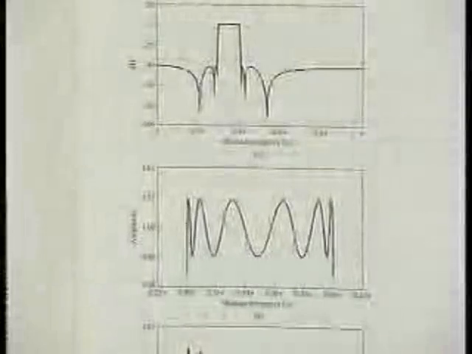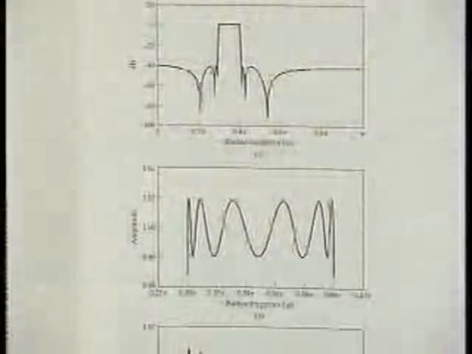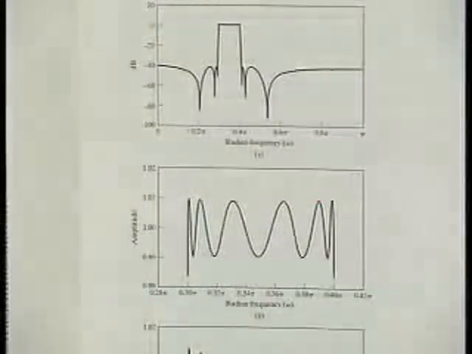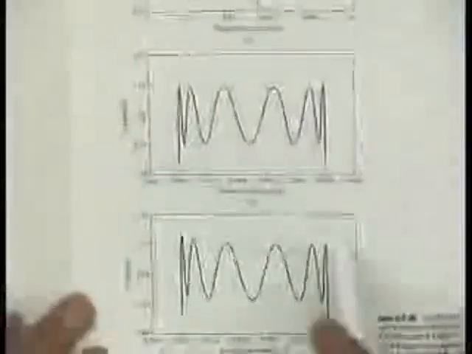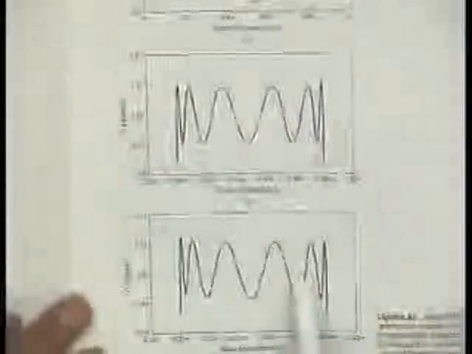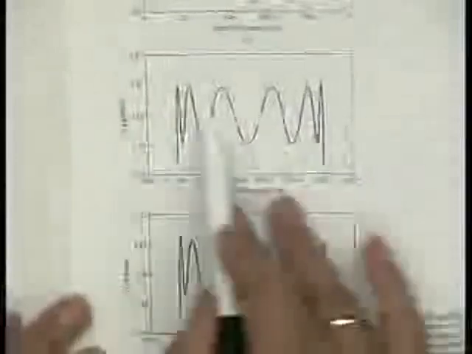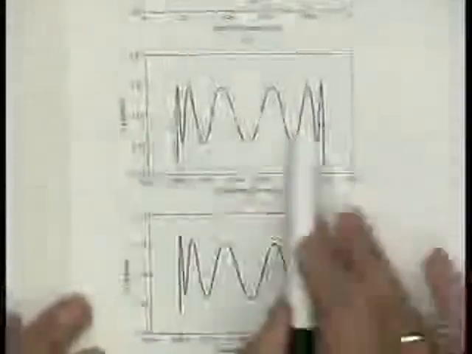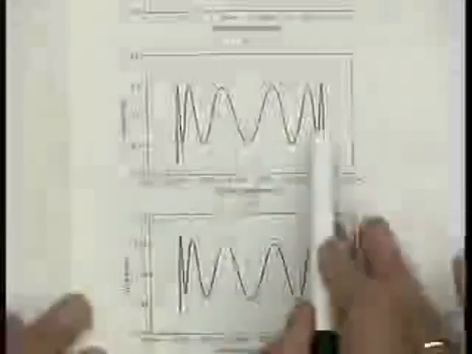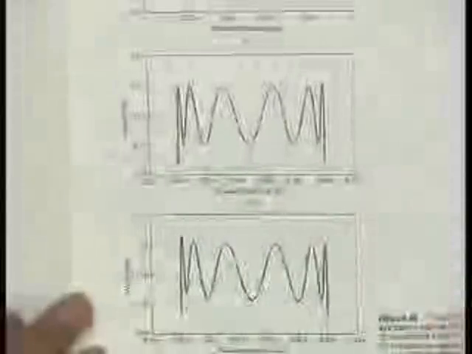Now, what happens is that if you quantize for cascade structure, if you quantize the coefficient to 16 bits, in this passband region, this is what you get, which is a pretty faithful representation or replication of unquantized. This is for cascade for 16 bits.